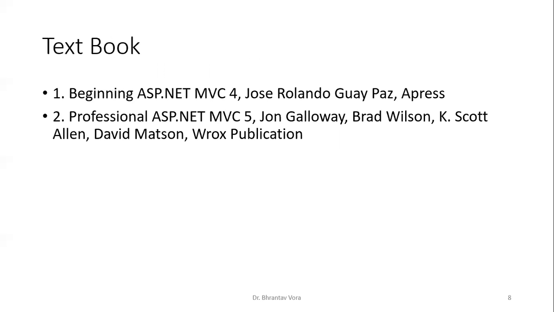Moving forward, friends, these two are the textbooks available for our subject. Book number 1 is Beginning ASP.NET MVC 4, Apress edition, and Professional ASP.NET MVC 5, from Wrox publication.